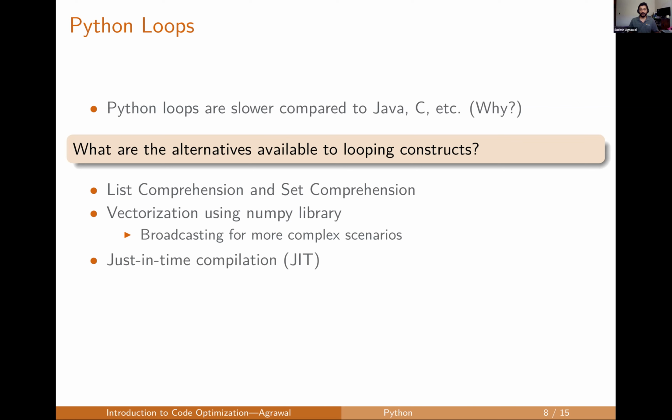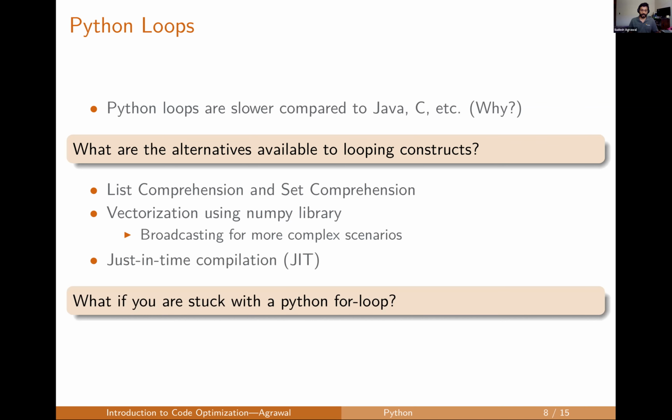And the last one is just-in-time compilation. It's basically compiling the code instead of interpreting it in some way, and that makes it faster. We'll look at examples. And later we'll also talk about tips on optimizing your for loops if you are stuck with a for loop.